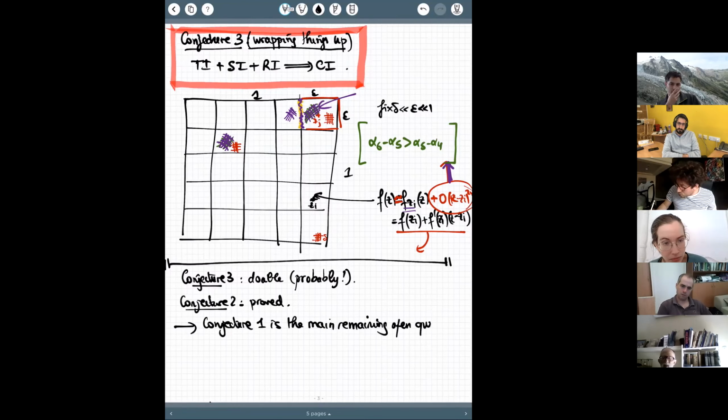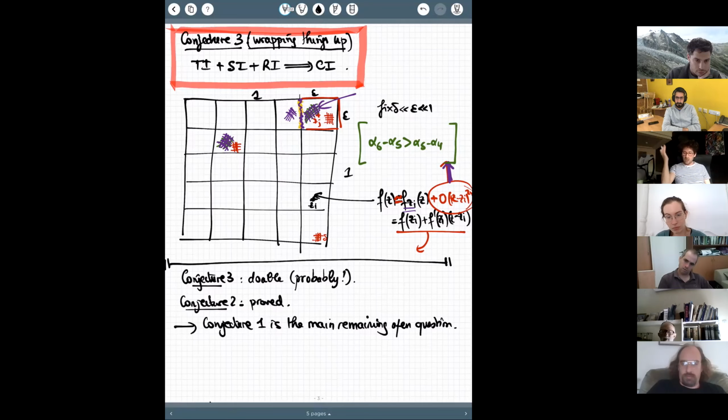A physicist would already probably be happy because he would say, okay, that proves that any limit is necessarily conformally invariant. As a mathematician, we would prefer to be able to state the existence of the limit. So this conjecture is really an important step of the whole process. As for now, I don't know how to prove it. And maybe I can tell you a little bit more why there is a difference between conjecture 1 and 2, for instance.